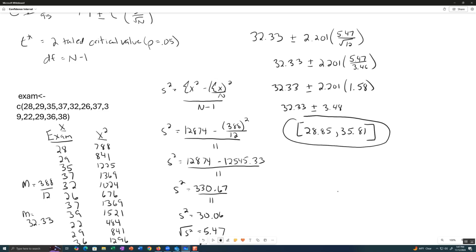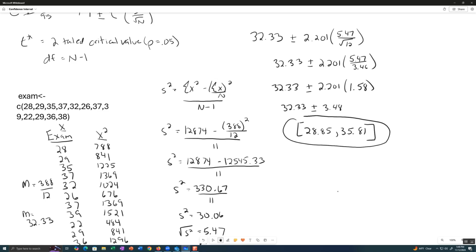So this sample would not be non-representative of a population with a mean of 30. I would say there's no significant difference.